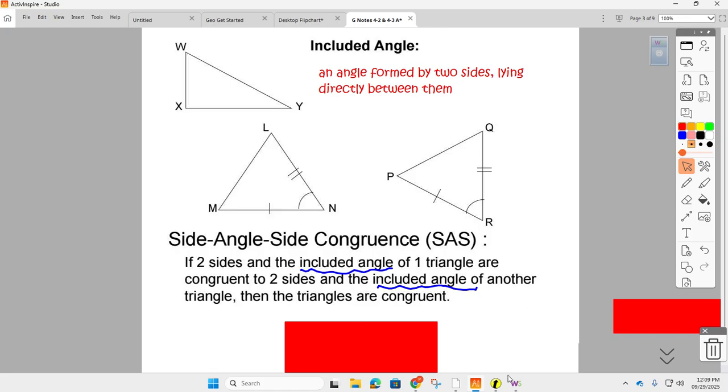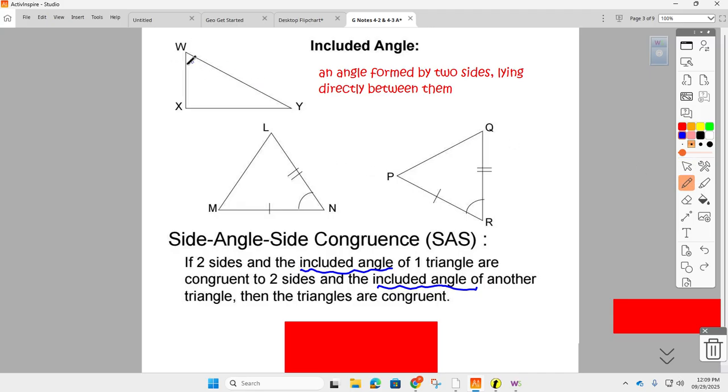We look at two triangles. I'll let y'all take this first. Okay, so what is this top triangle?